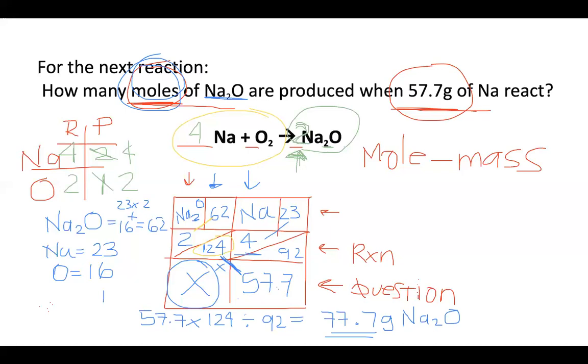I'm going to write it here at the top: 77.7 grams divided by 62. So our final answer will be 1.25 moles of sodium oxide. And this is our final answer, 1.25 moles.